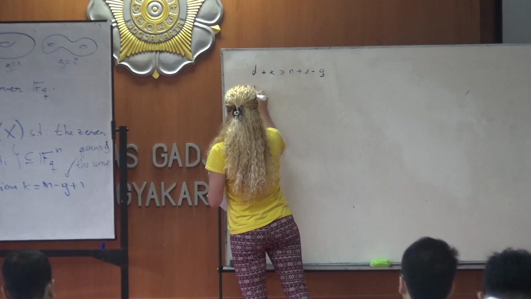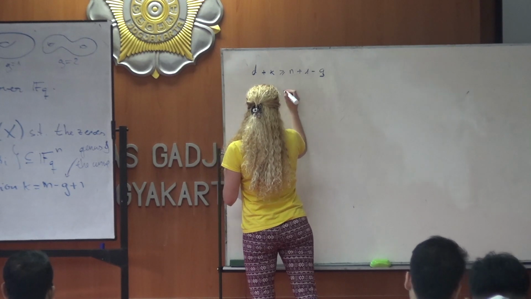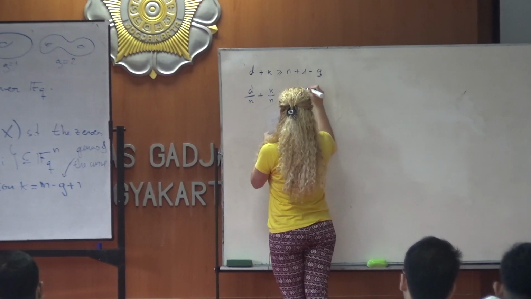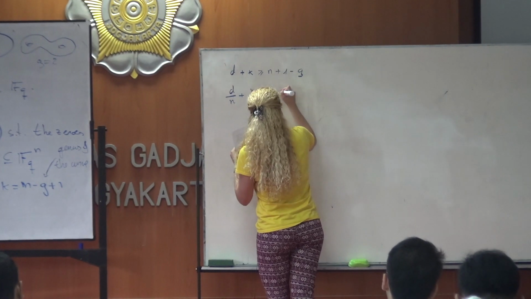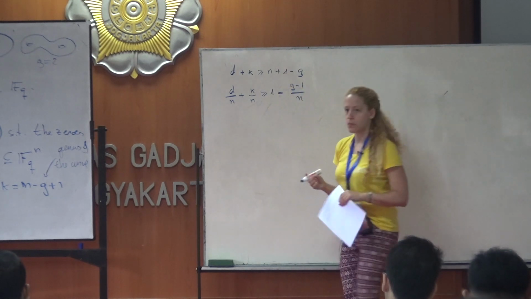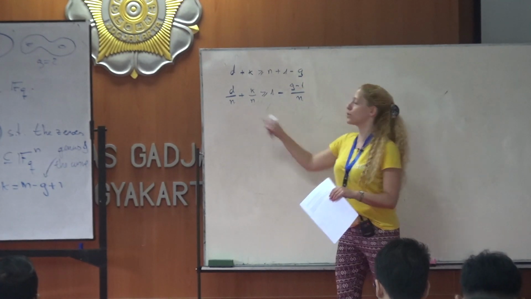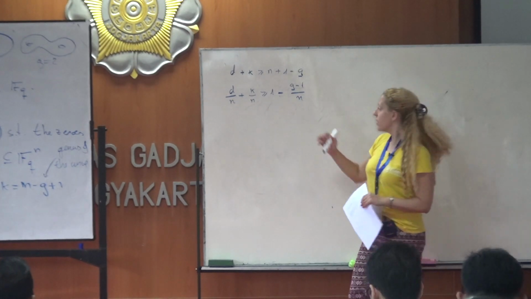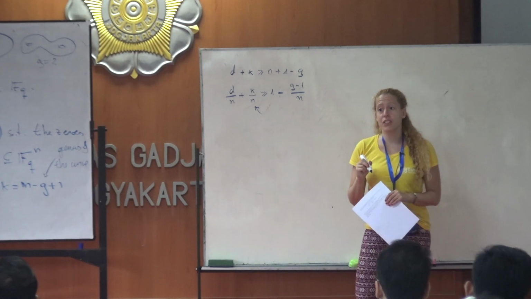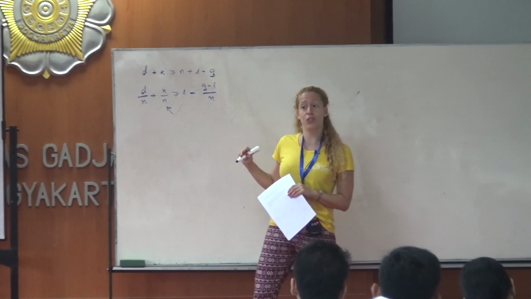So I get d divided by n plus k divided by n greater or equal than 1 plus 1, let me write it like minus g minus 1 divided by n. Okay? But which ones are these numbers? This is the information rate, right? Do you remember? We saw that in the first lecture.